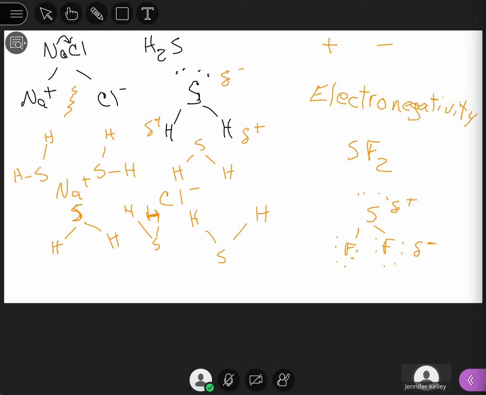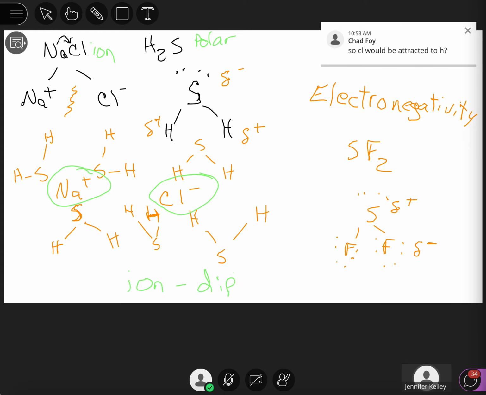We're sort of getting a little jumbled toward the middle. But what we've got is the positive being attracted to the negative end, and the negative being attracted to the positive end. Because we have a polar molecule, which is H2S, and an ionic compound, they call that an ion dipole.